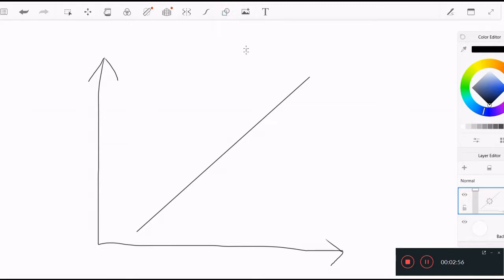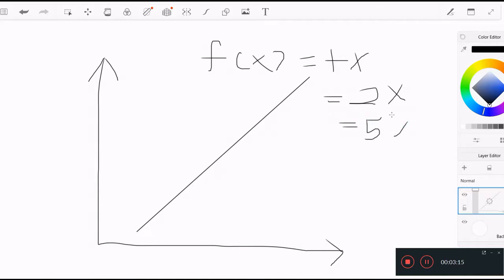When it is upward sloping, the linear function should have a positive coefficient of x. It can be either 2x or 5x. The value of x is positive, causing the straight line to go up.